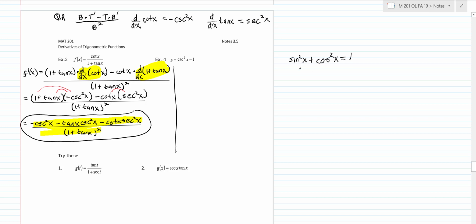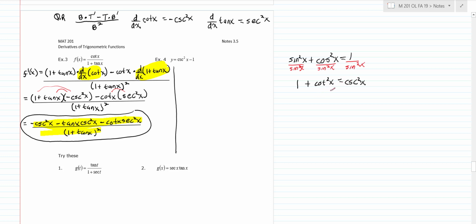Another variety of that is 1 plus cotangent squared x is equal to cosecant squared x. That actually comes from the fundamental identity. If I divided everything by sine squared x, then this pops up. See, that's 1. Cosine over sine is cotangent squared. 1 over sine squared is this, okay?